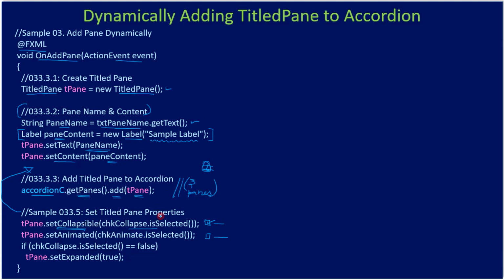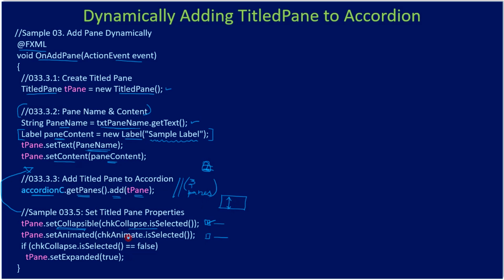That means once the pane is added, if this check mark is not placed by the user, then the pane will always be displayed in the expanded state. So the user cannot collapse it. It will always be in the expanded state. So if the user places a check mark and clicks the add button, then this will become collapsible.